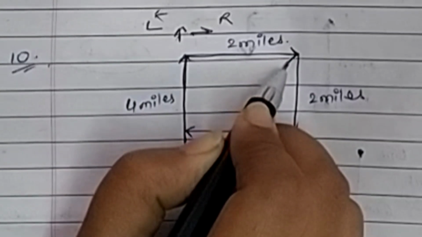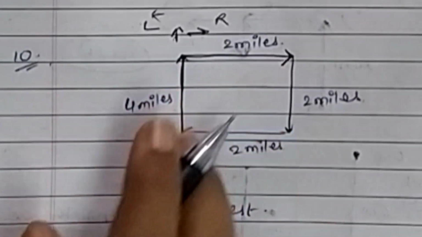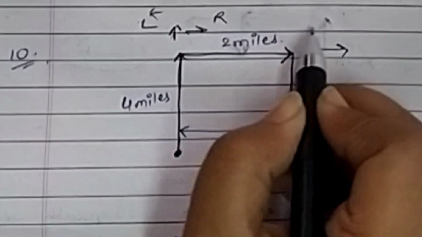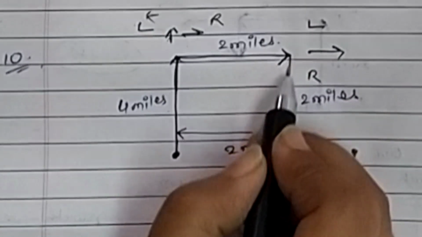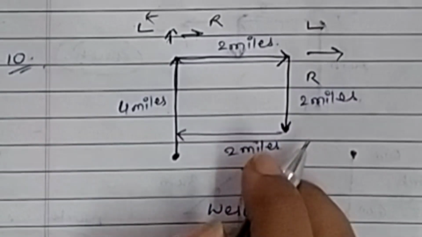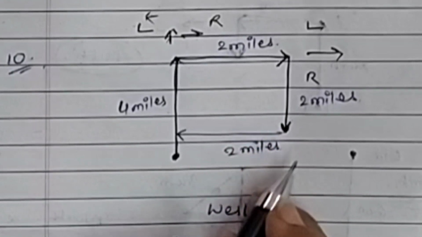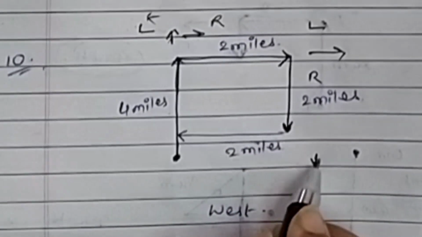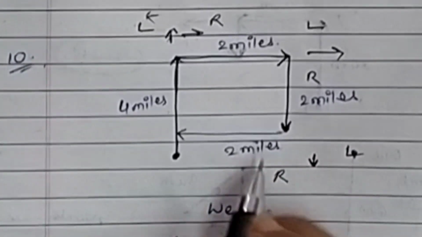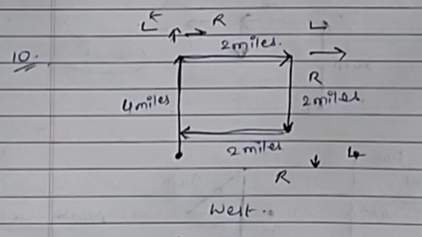Now again he turns to his right and walks for 2 miles. So by facing this, this will be the right and this will be the left. So he took the right turn and walked for 2 miles again, and again turned to his right and walked for the last 2 miles. By facing this direction, this will be the left and this will be the right. So again he took the right turn and walked for 2 miles.